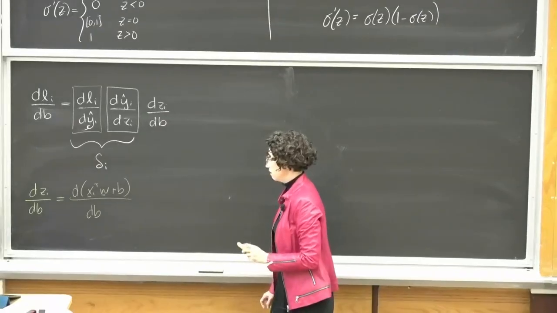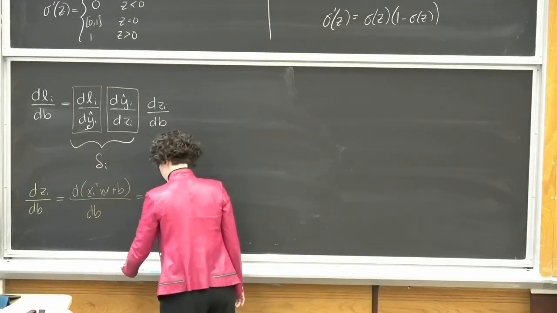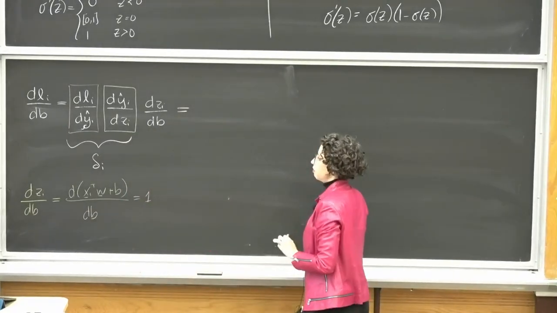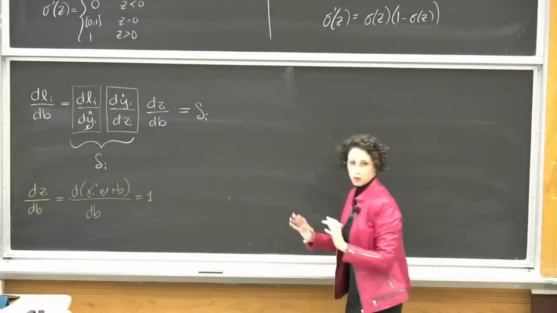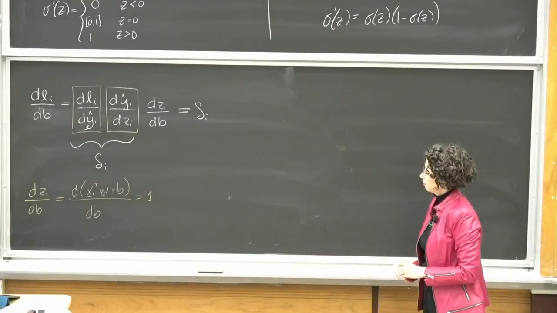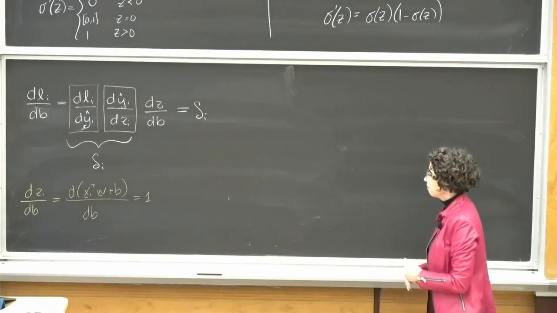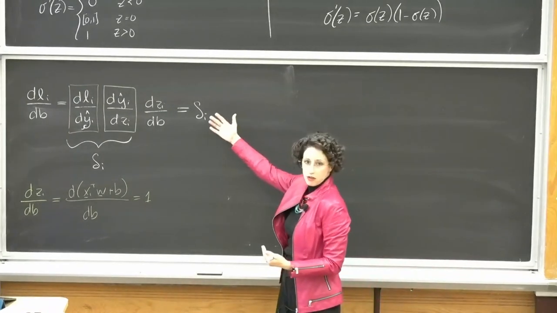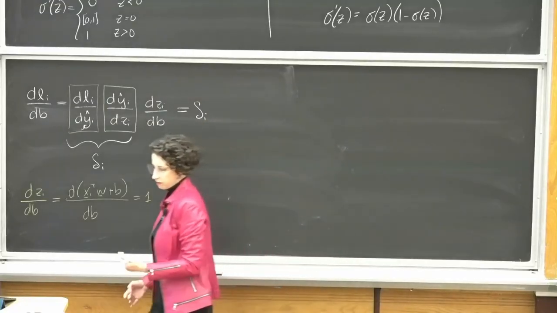And what is that derivative? 1. And so the derivative of Li with respect to b is simply delta i times 1. So once I've computed this delta i for our new sample i, then from there we can immediately compute the derivative with respect to the bias and the gradient with respect to the weights.